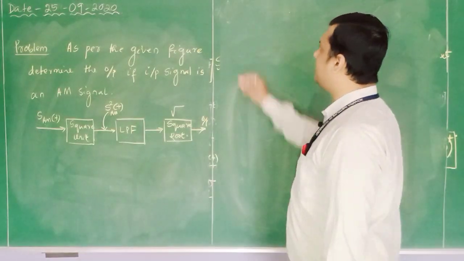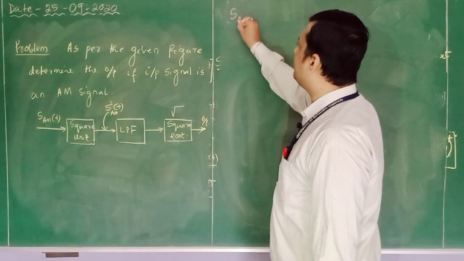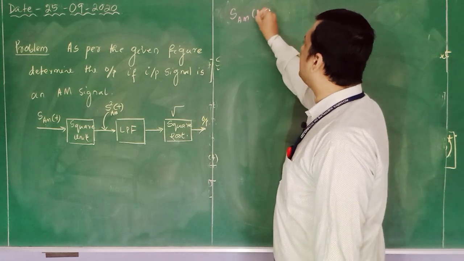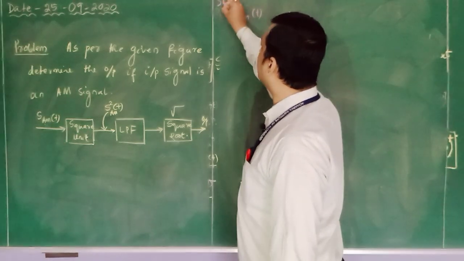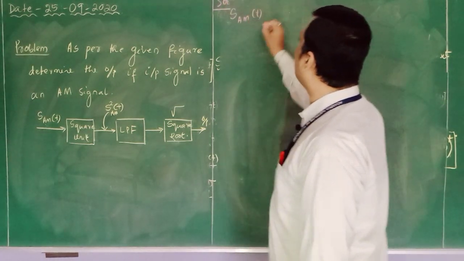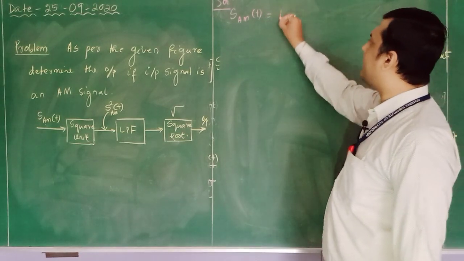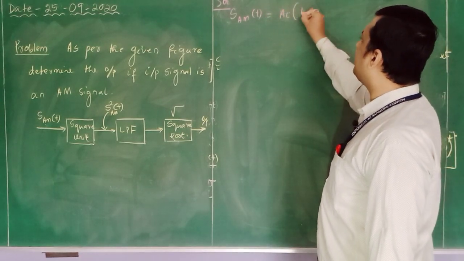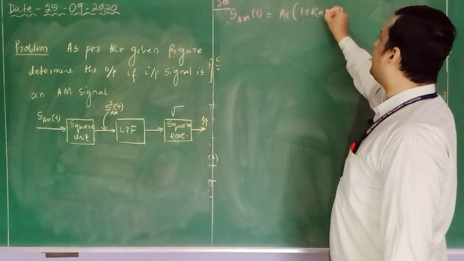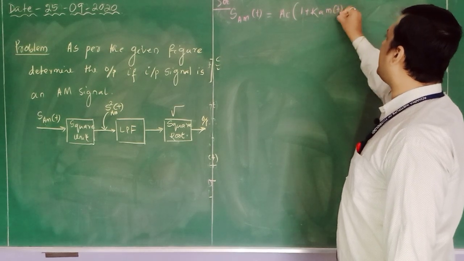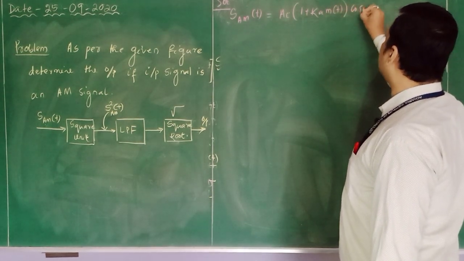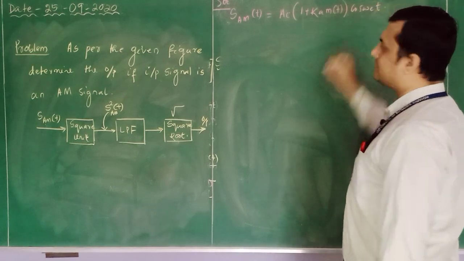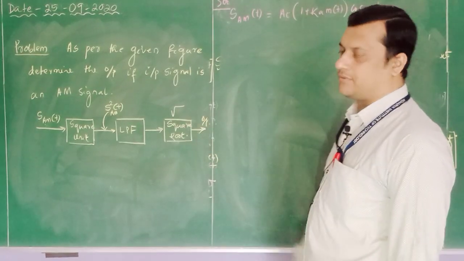So first, the AM signal. This is the solution. The AM signal we can write as Ac[1 + ka m(t)] cos ωct. So this is my input.